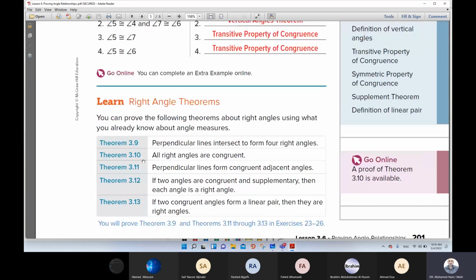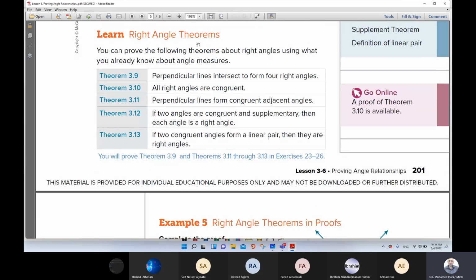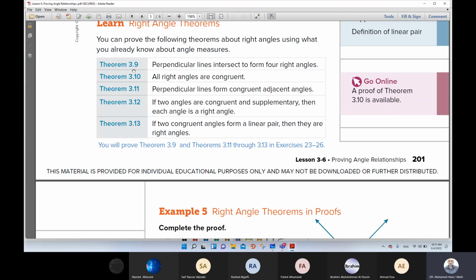The last idea in this lesson, right angle theorem. Theorem 3.9. Perpendicular lines intersect to form 4 right angles. Theorem 3.10. All right angles are congruent. Theorem 3.11.